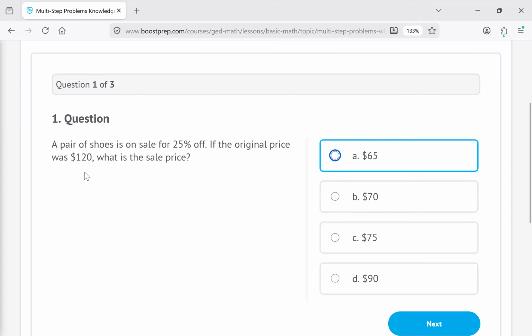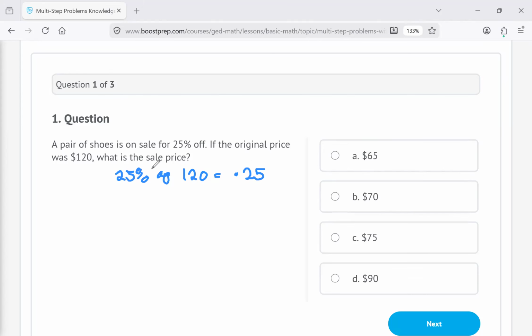So, without any formulas, what would you do? I would first figure out the percentage. They're asking you 25% of 120, right? So convert 25% to a decimal, move it to the left. That'd be 0.25. And then the word of. Whenever you're dealing with word problems and you hear the word of, it usually means multiplication.